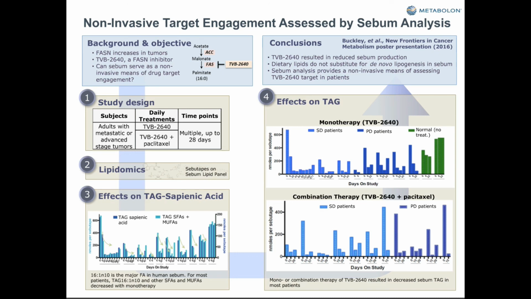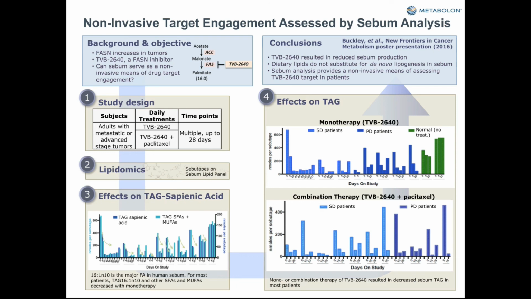For this study, individuals with cancers went through monotherapy of TVB-2640 or combination therapy of TVB-2640 with another drug for many days. Sebum was collected using sebum tapes and run on the sebum lipid panel. Each section of the bars represents the samples from the same individual across different time points. As you can see, there are a lot of individual differences.